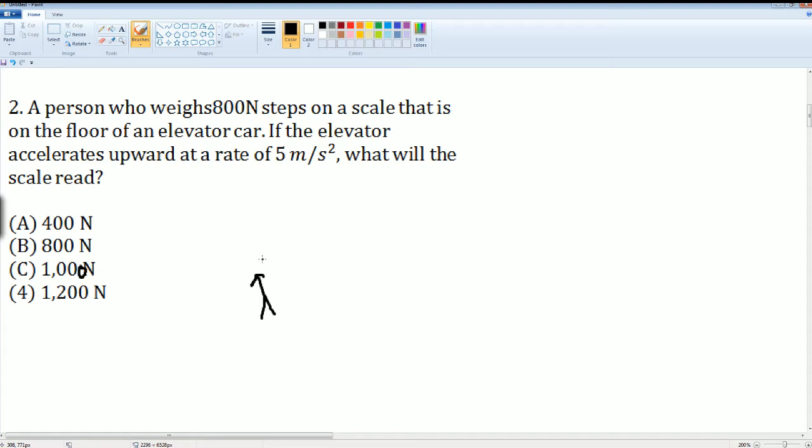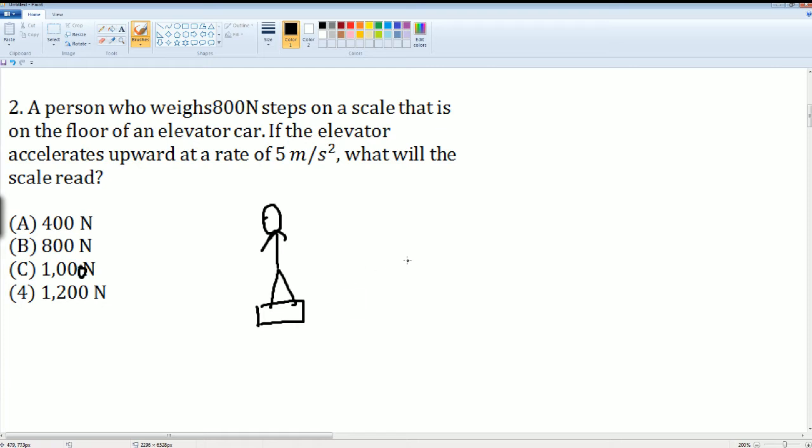Here's the person. Here's the scale. Right now it reads 800 newtons.